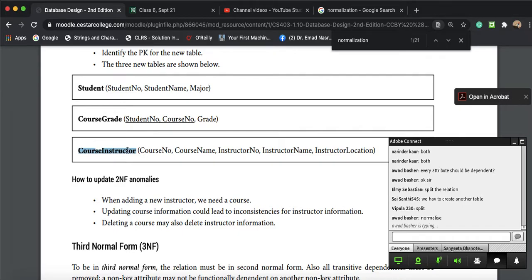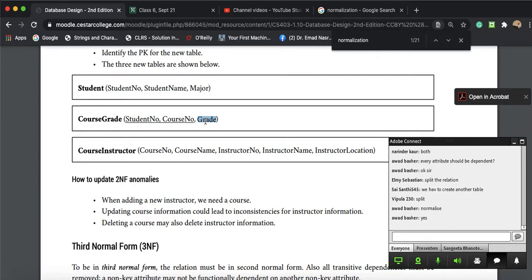Course instructor, in the second normal form? Yes. Why? Because course number is a single primary key. Course grade, is it in the second normal form? Yes. But it has a composite key? Yes, because the non-key depends on the whole entire primary key.